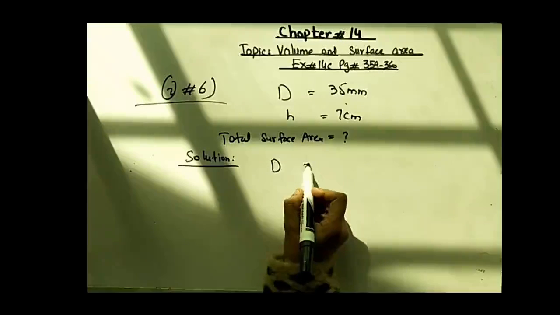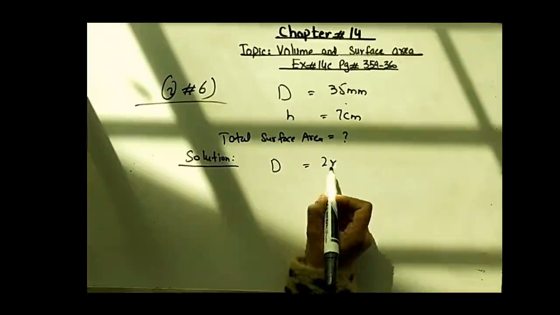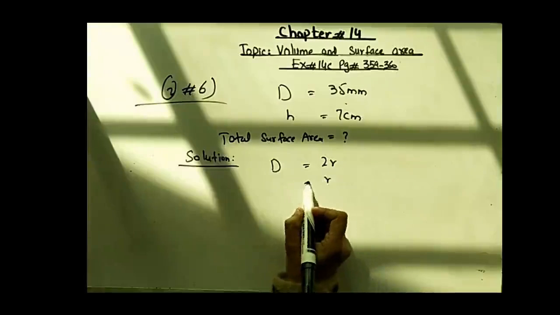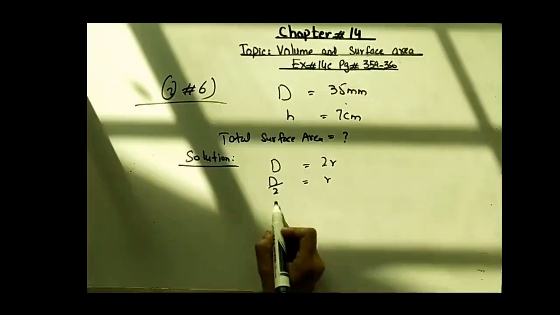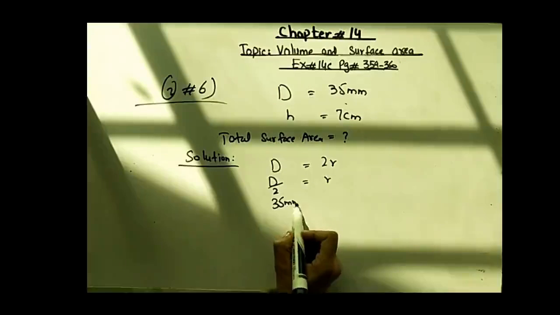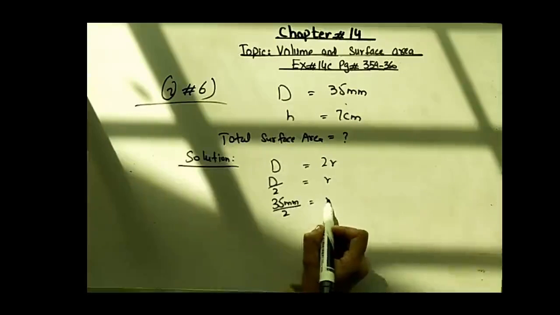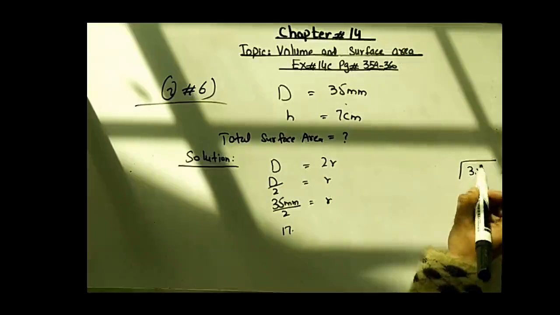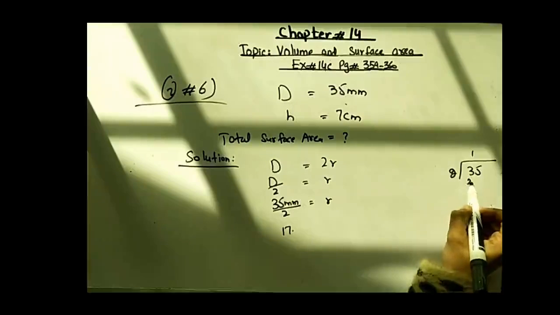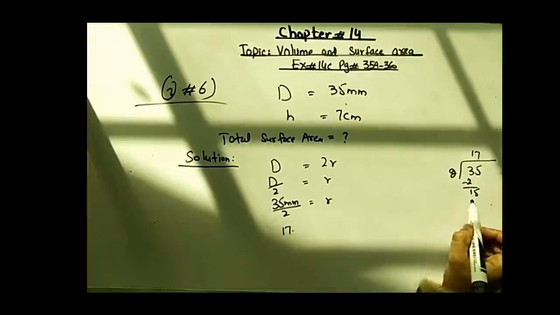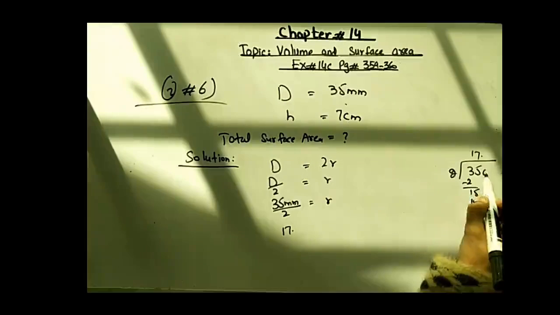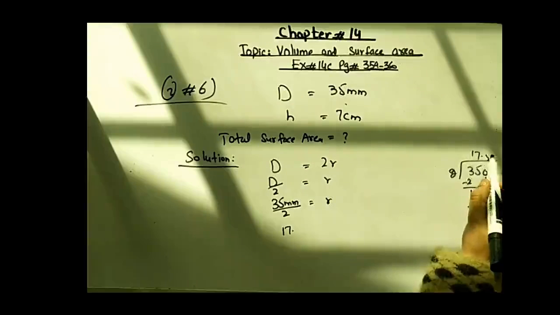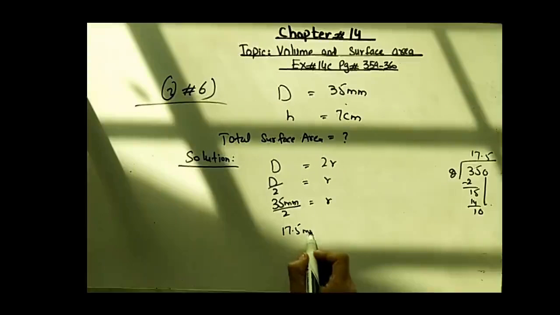As we know that diameter is equal to 2r, so what will be the radius? r is D divided by 2, which means 35 millimeter divided by 2 is equal to r. When we divide, we get 17 point 5. 2 1s are 2, 2 7s are 14, write down 0 here, 2 5s are 10. So 17.5 millimeter is equal to r.